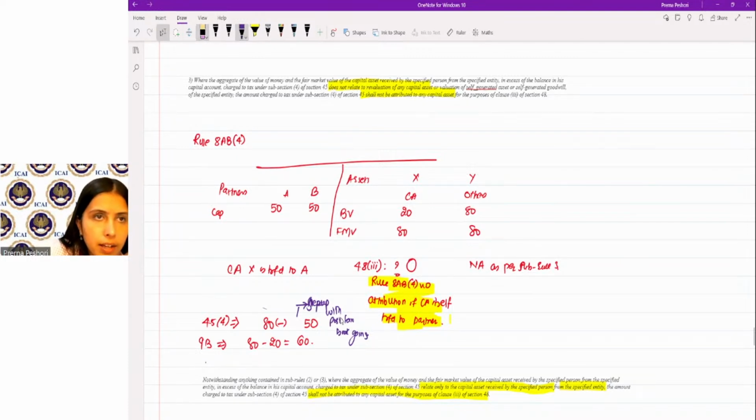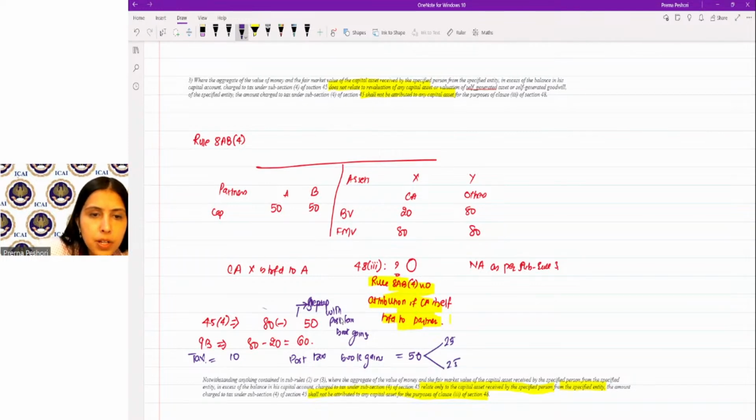Here I just need the tax amount. Let's say the tax here is 10. So my post-tax book gains would have been 50, right? Therefore, here I would have added 50, out of which the share would have been 25 and 25.